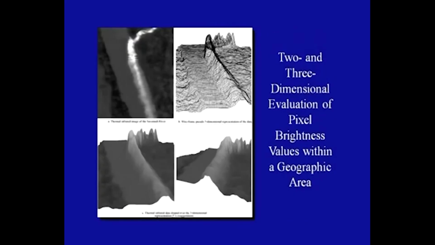We can also view the image in the form of a 2 or 3 dimensional evaluation, wherein based on the brightness values the elevation of the information is provided. So all those regions which are depicted in bright white would have the highest elevation in the 3-dimensional representation, whereas a dark object will have a value of 0 and may represent a land or a surface which is at the datum level.